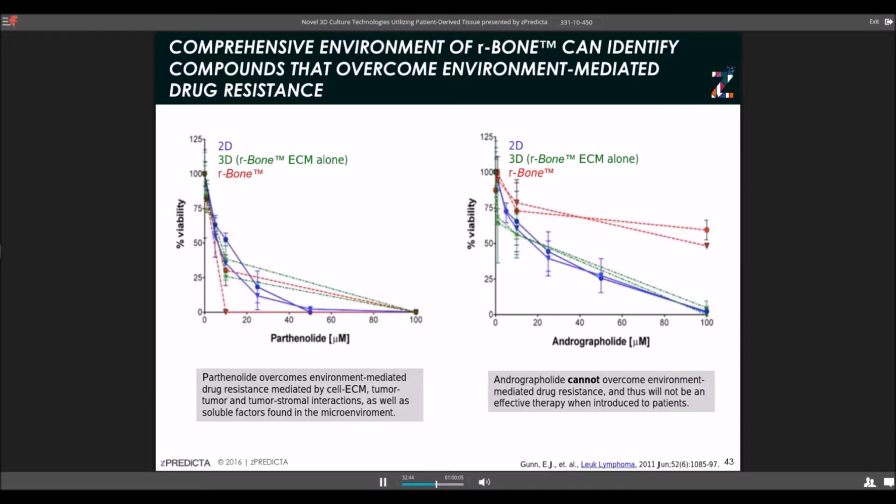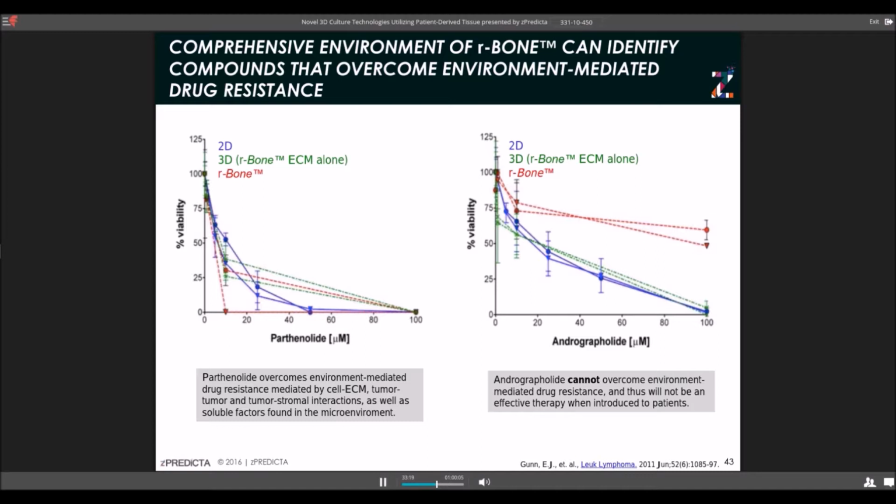But what was very interesting is that we tested the compound parthenolide in a standard 2D culture, or in a 3D culture where we use the Arbone extracellular matrix environment but nothing else, no soluble components or any other cells, or in a complete Arbone system with the full complement of tumor microenvironment elements.